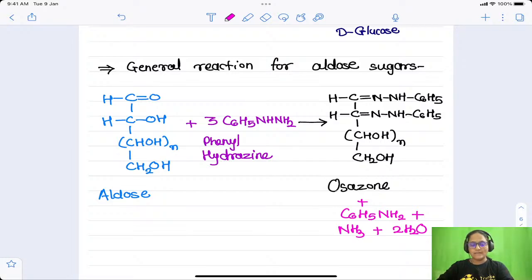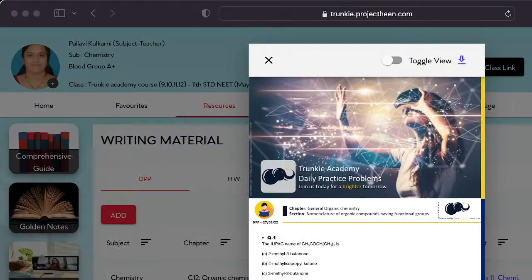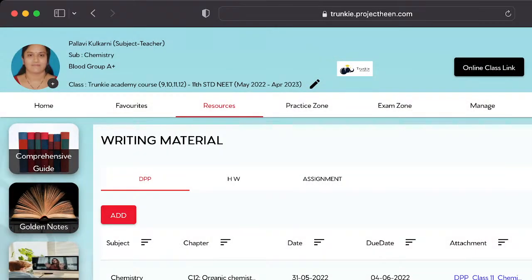Before ending the class, let me just show you the DPP, daily practice problems. I hope you can see the screen. This is a teacher's portal. Similarly, you can see your portal when you log into it. You can go to resources, then you can go to writing material. On the left hand side you will be able to see all the DPPs.